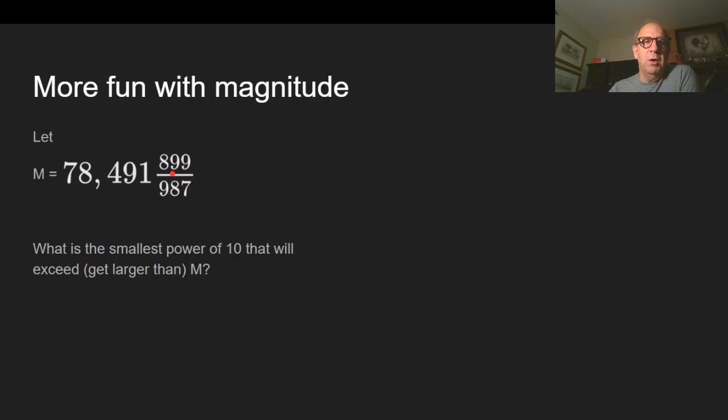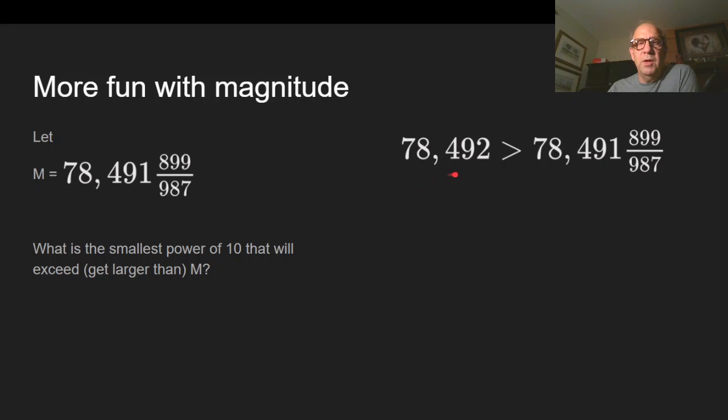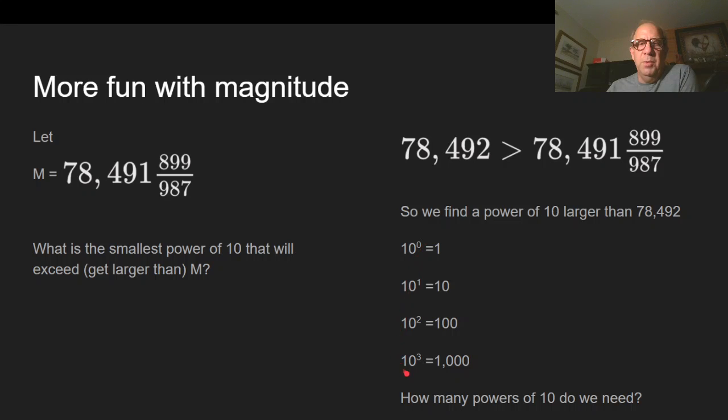So I've got my powers of 10. 10 to the power of 1 would be bigger than this. 10 to the power of 2 would be bigger than this one. 10 to the power of 3, 10 to the power of 4, 10 to the power of 5, right? So 78,492 is bigger than 78,491.